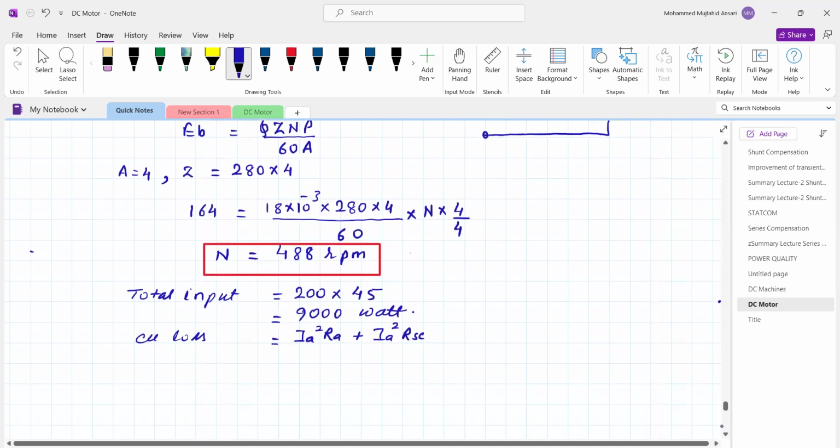So in total we can write Ia square into Ra plus Rse, which is equal to 45 square into 0.8. So total copper loss equals 1620 watt. This is the motor copper loss.